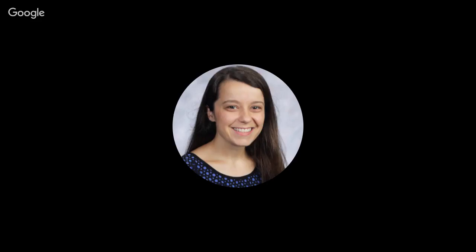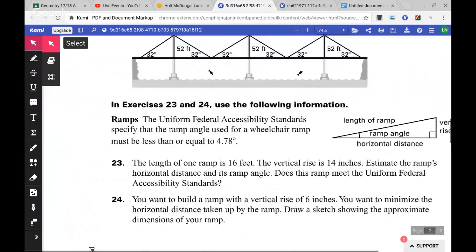The back page. What number was it? I don't know. Like 22 through 24. 23 and 24? 22 through 23. Wait a minute. No. Shoot, I'm sorry.